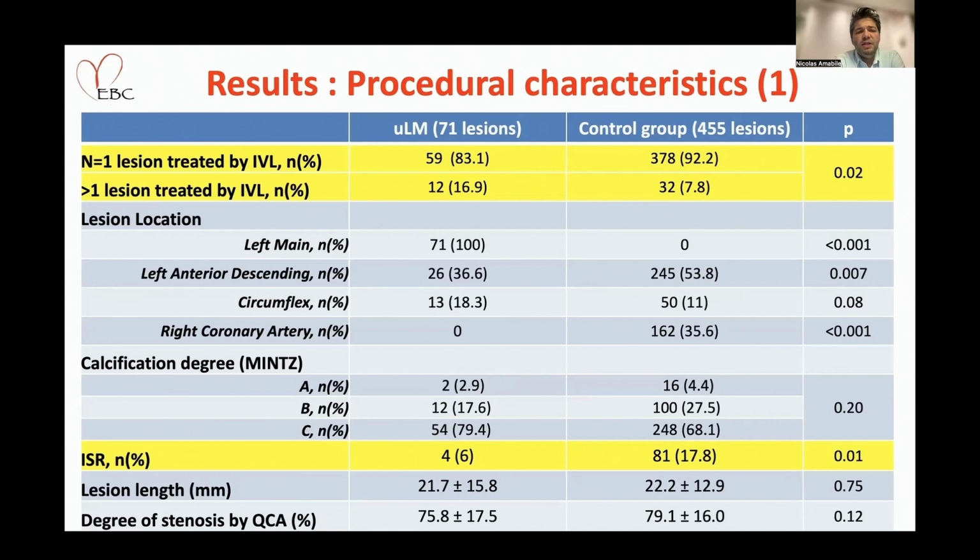And despite the lesion location being of course different, because 100% of the patients from the unprotected left main group got left main disease, we did not observe a difference regarding the degree of calcification according to the Mintz classification, the lesion length, or the degree of stenosis by QCA at baseline.